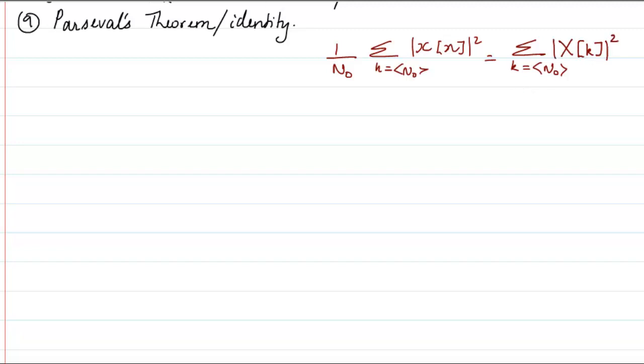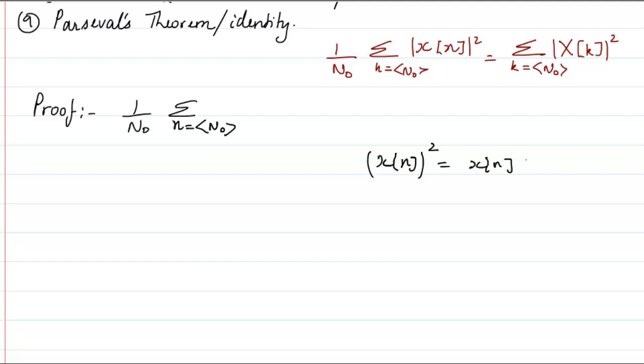Let us prove it. For proving it, let's take the left hand side. The left hand side is 1 by n naught summation n is equal, sorry, n is equal for the limit of the period n naught, and now magnitude square of x of n can be written as x of n multiplied with x of n conjugate.